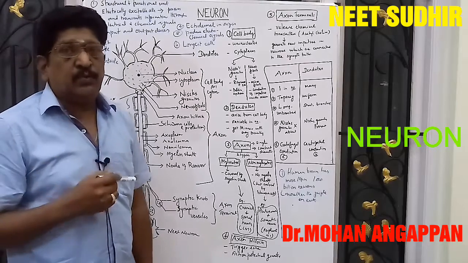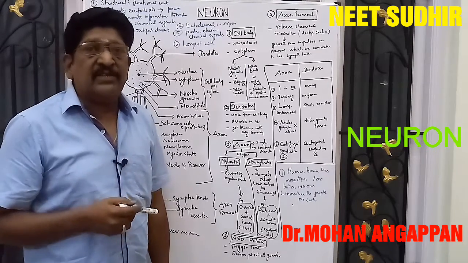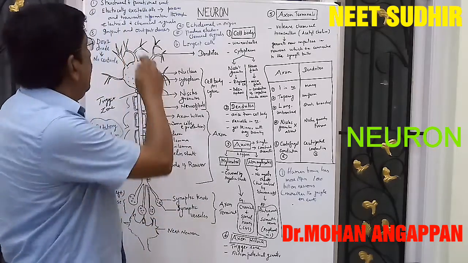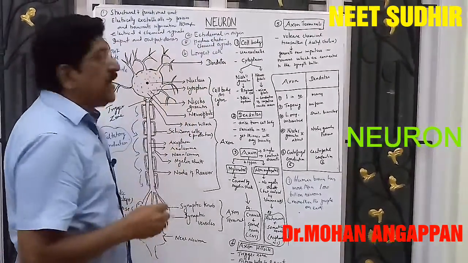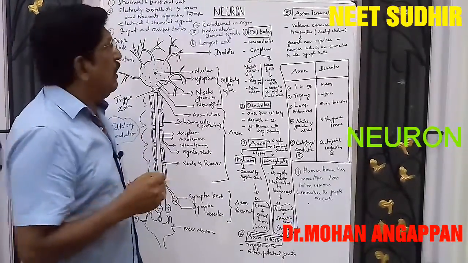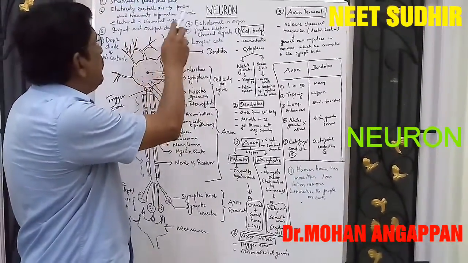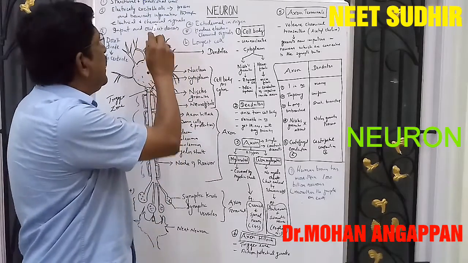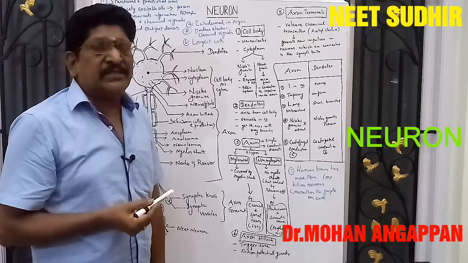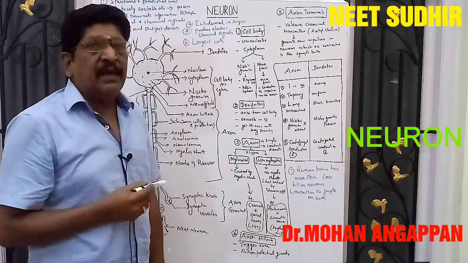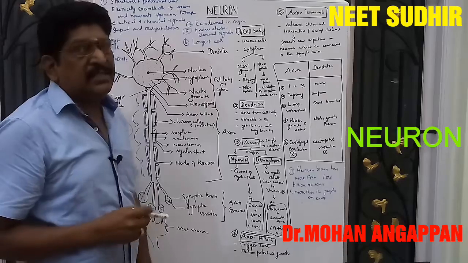And then what does it do in our body? What does it do in the central nervous system? Electrically, the neurons are electrically excitable cells, and they process and transmit information through electrical and chemical signals. They produce impulses and they conduct impulses by electrical and chemical signals.